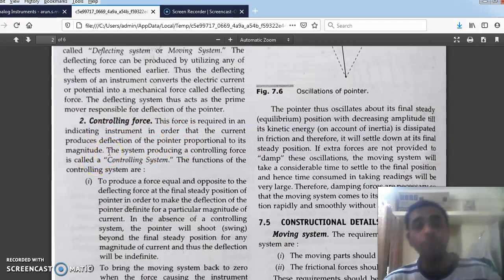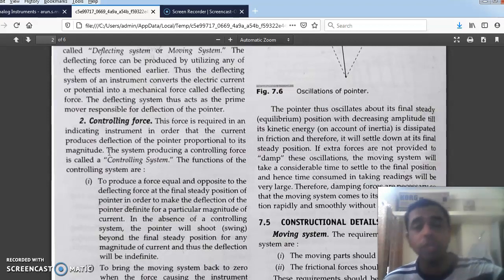So when the deflecting force is applied, along with the increase in deflecting force, the controlling force, an opposite force, also comes into existence, and that also increases. The controlling force increases along with the deflecting force, but in the opposite direction.